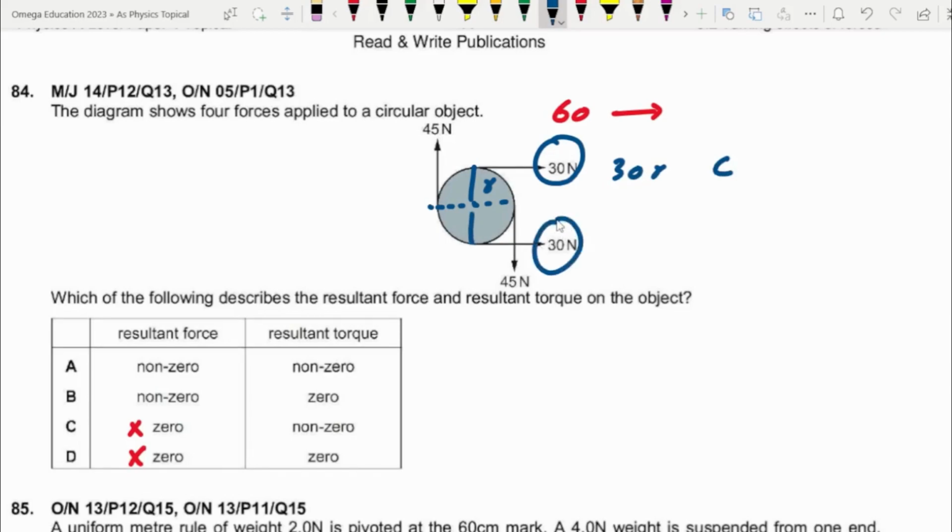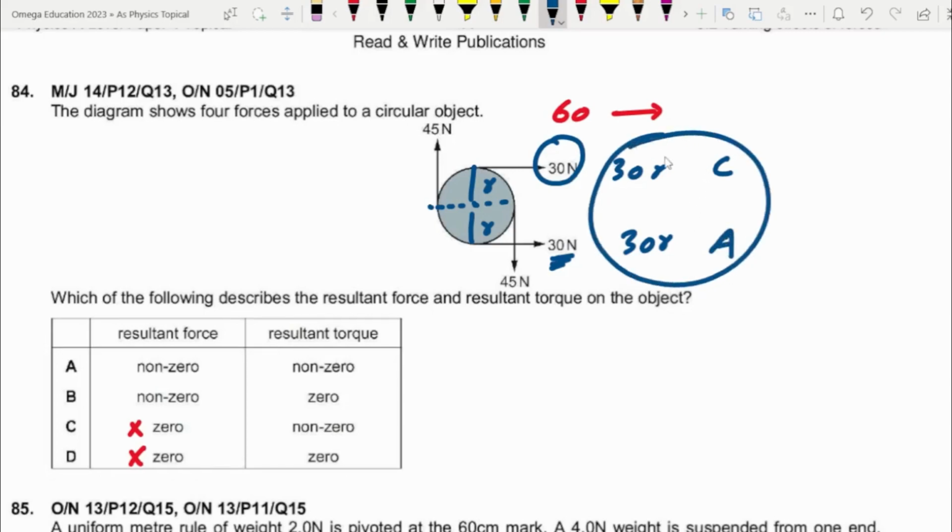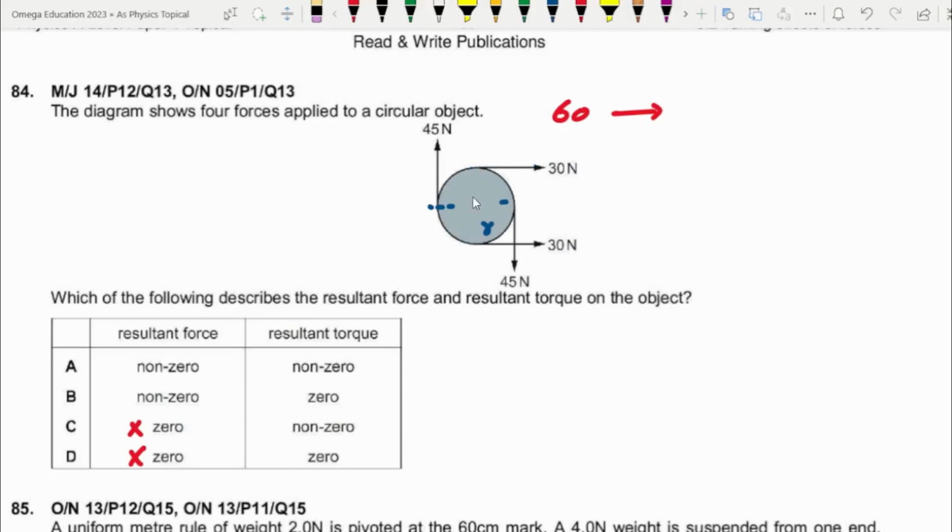But for the 30 Newton downward force, not directly downward, but the one on the lower side, the resultant moment would be 30 r and that would be anti-clockwise. So these two would cancel out each other. You don't have any moment of force produced by these two forces because they cancel each other out. But the 45 Newton force is responsible for having a non-zero resultant, because that would form a couple.